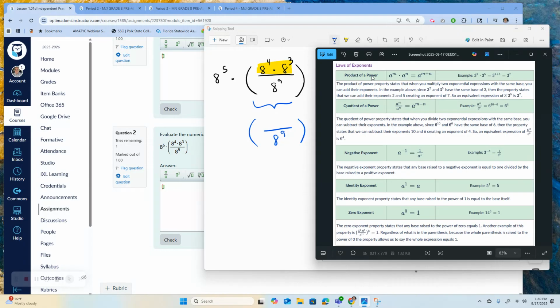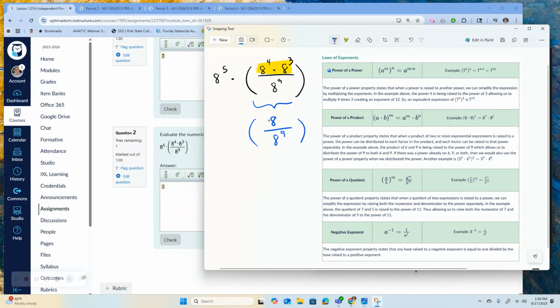When you multiply 2 powers with the same base, you keep the base, who's my base here, 8, what I highlighted in yellow. And you add the two exponents. That's how I get to the 7th power. So you can see I haven't gotten rid of the parentheses yet. I'm first getting rid of the repeated 8s in the parentheses.